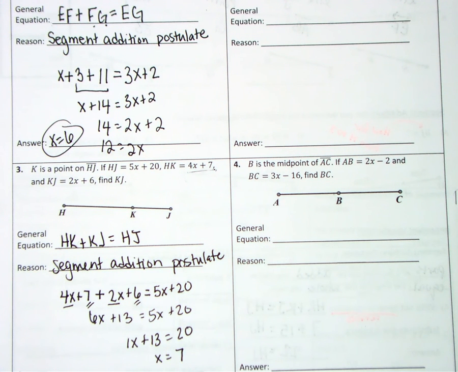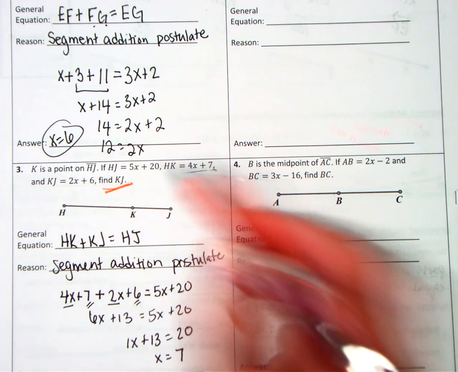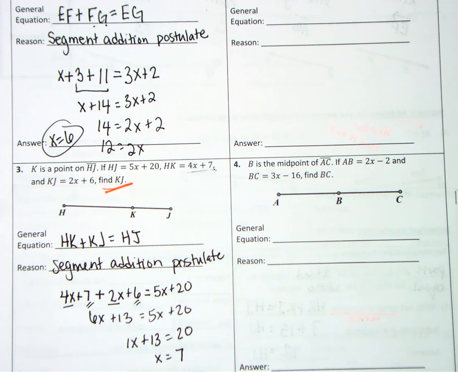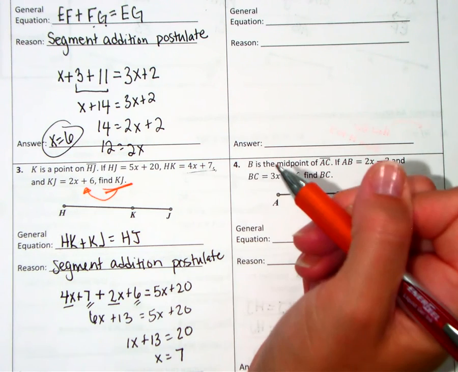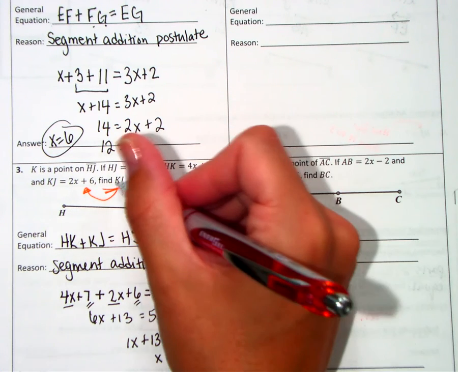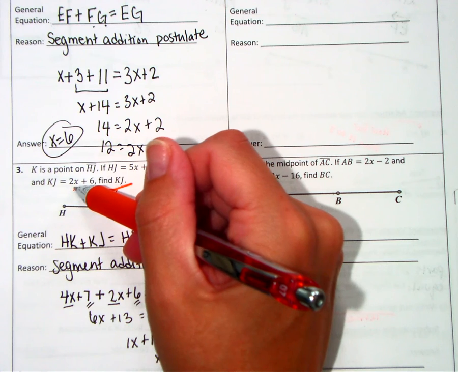Okay, I'm not going to circle that though, because that is actually not your answer. In the first problem, it said find x. In this second problem that we did, which is problem number 3, it says find KJ. This isn't a funny math joke where it says find x and then you say here it is, right? So you actually have to find the distance from K to J using the x value of 7 that we got in the problem.